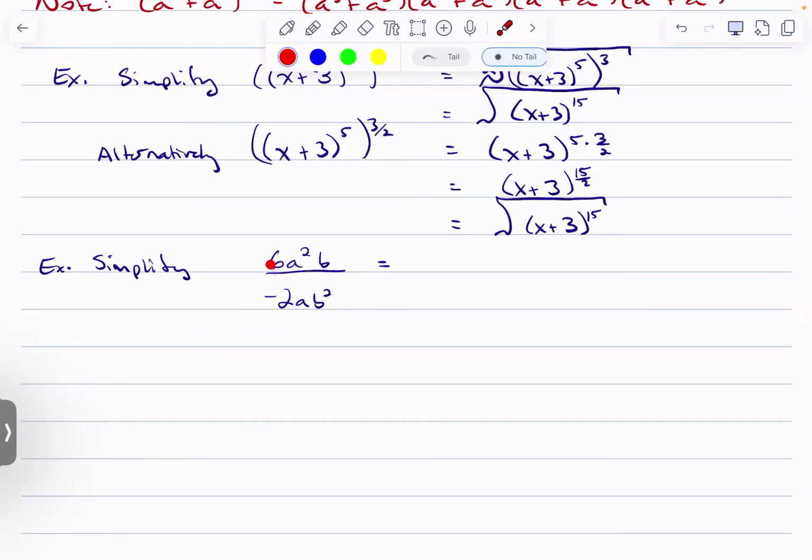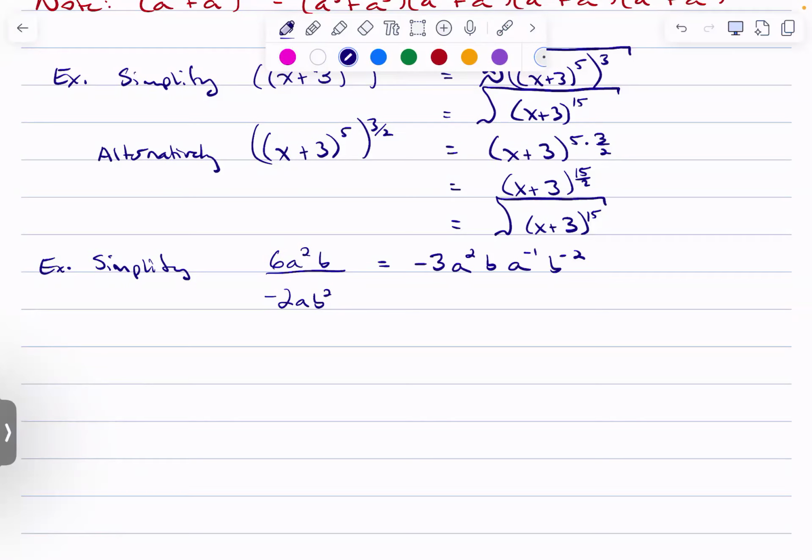What's nice is the 6 divided by negative 2. Because I'm only multiplying and dividing here, I'm allowed to do the 6 over negative 2, putting me at negative 3. So negative 3 a squared b times a to the negative 1 b to the negative 2.